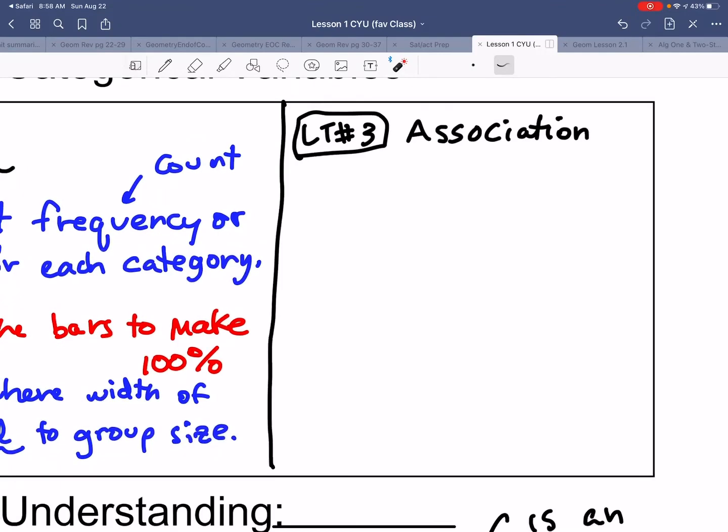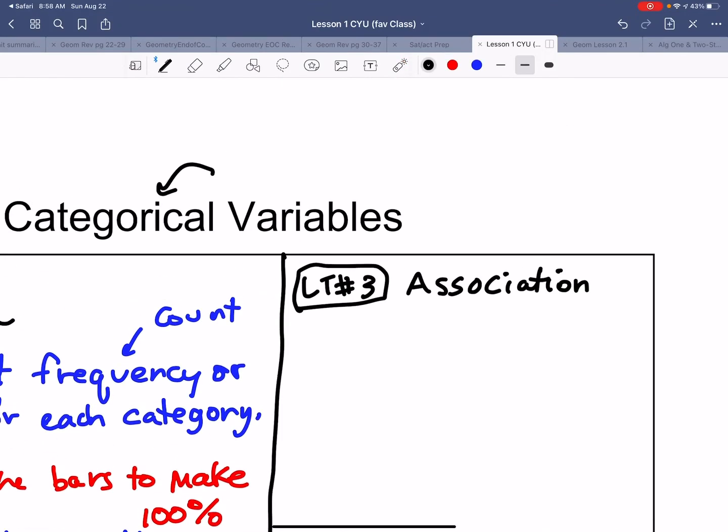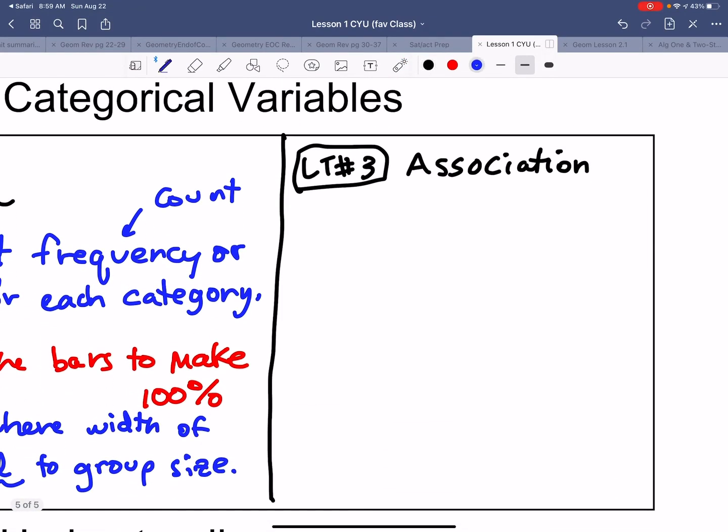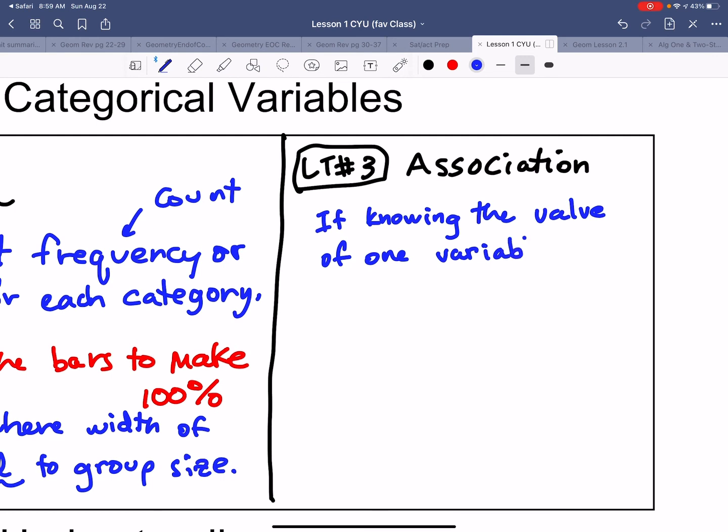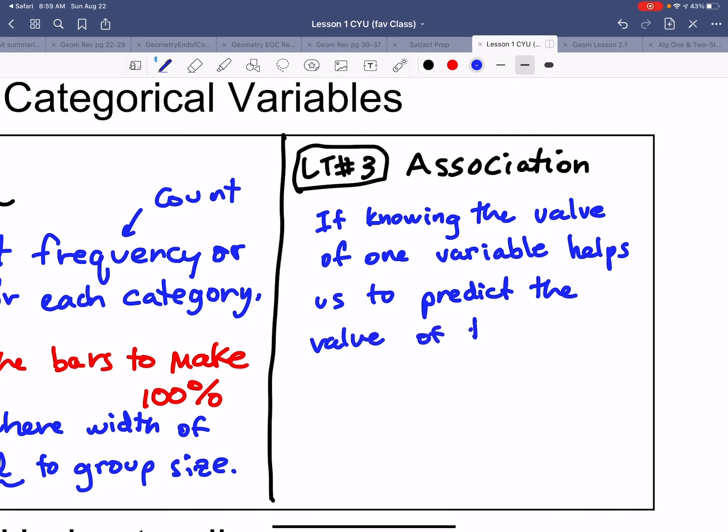So an association means that we're looking to find whether or not knowing the value of one variable helps us to predict the value of the other variable.